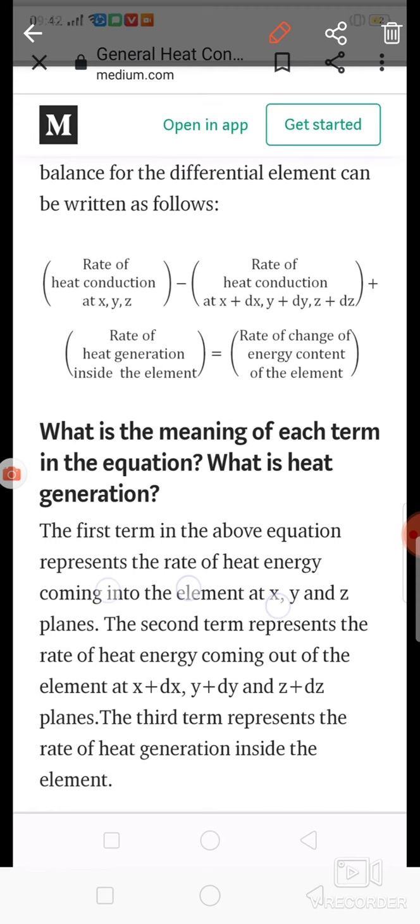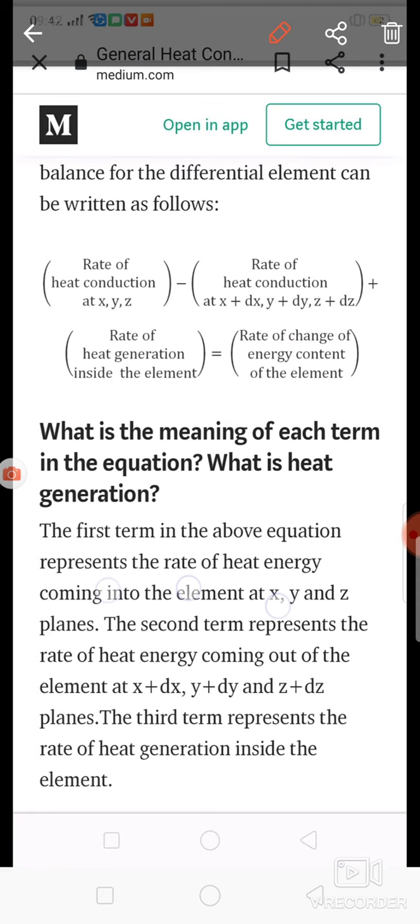The rate of change of energy content of the element. This is the total energy balance equation. So we have to calculate the rate of heat conduction in the x direction, then the rate of heat conduction at x plus dx distance, then the rate of heat generated inside the element, then we write the equation for the rate of change of energy content of the element.